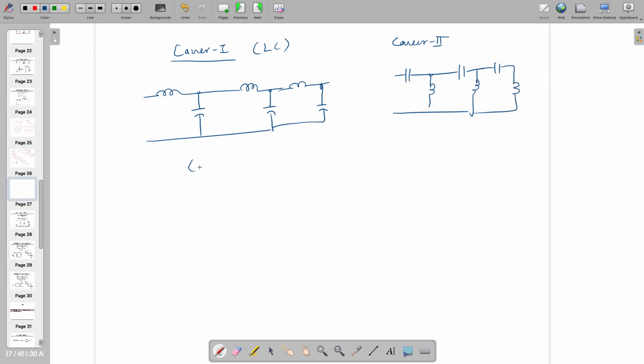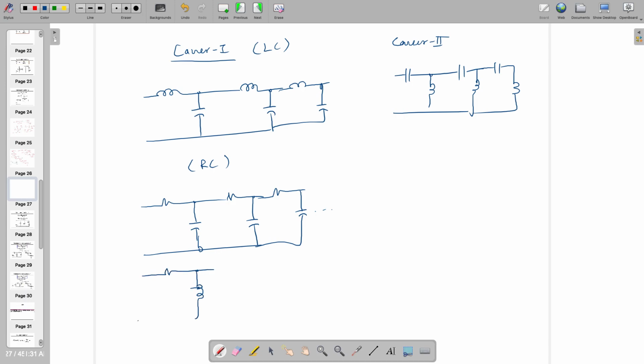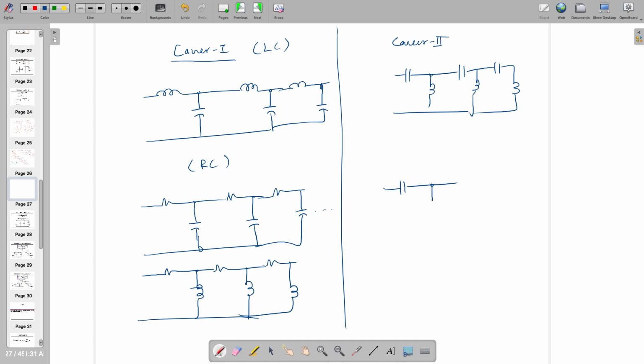But in the case of RC, you are going to see this one. In RL, you are going to see such an entry for coil 1. All these left sides are coil 1. Coil 2 in RC, you will have this.